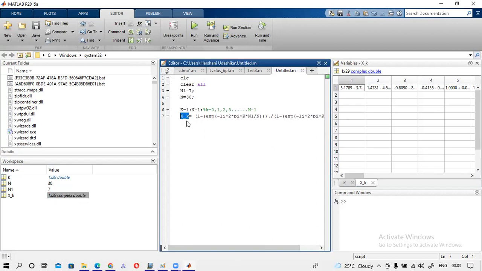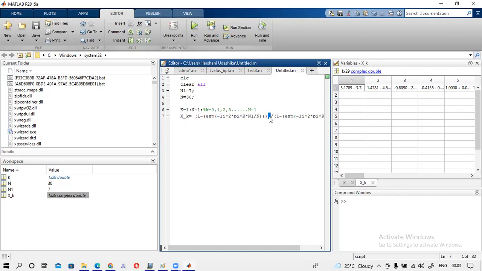There is a vector, so when we are manipulating vectors, if a division or multiplication is there, we have to put the dot here, so it will act as an element-wise operation on the vector. Otherwise sometimes it will not give the correct answer.